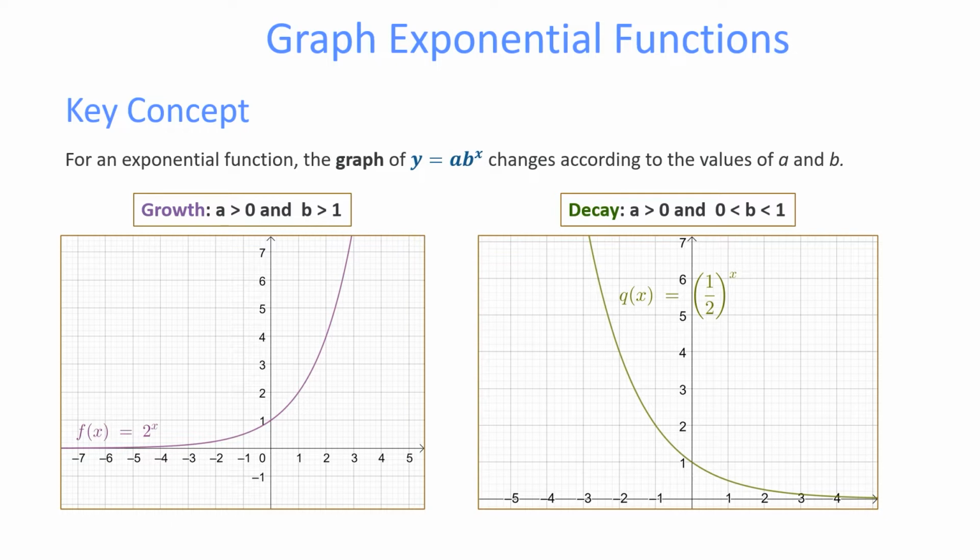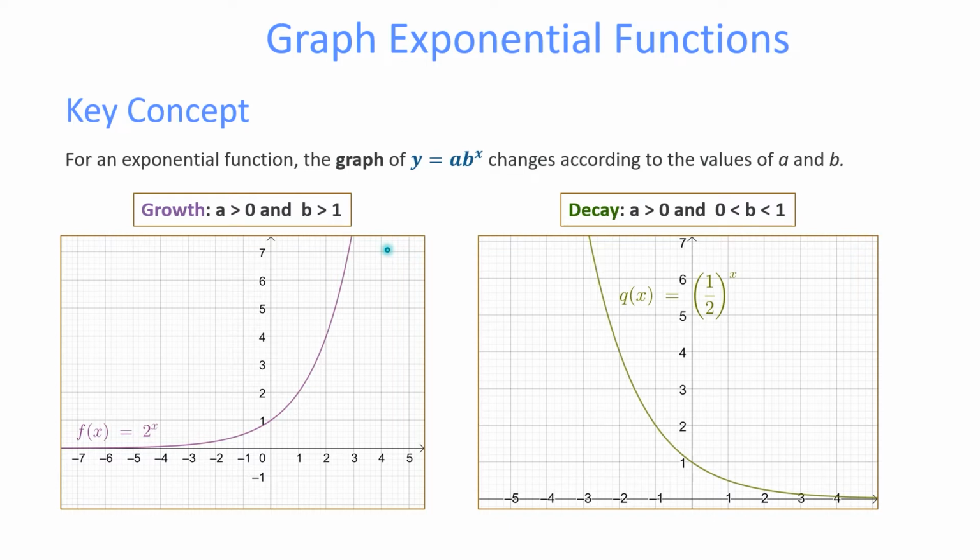You can see that in the example here, the function f of x equals 2 to the power of x. In this case, b, which is 2, is greater than 1, and the graph starts from the left-hand side and increases towards the top right-hand side of the graph.